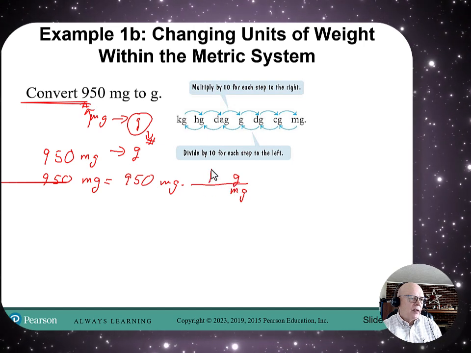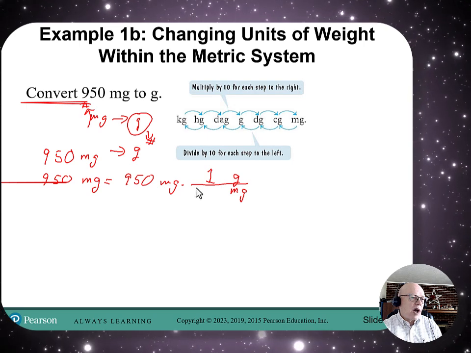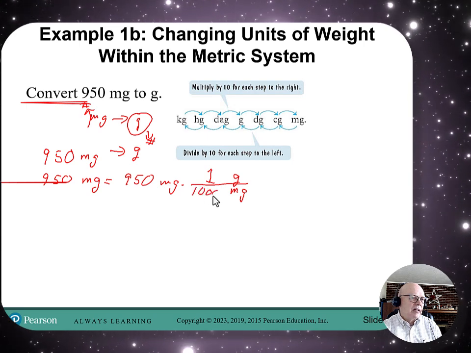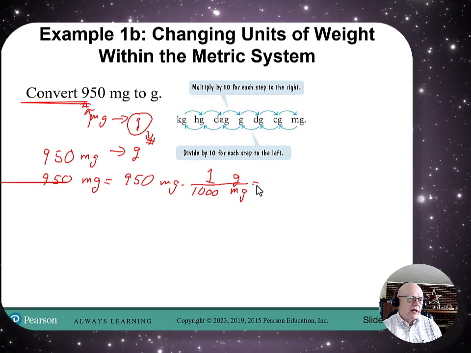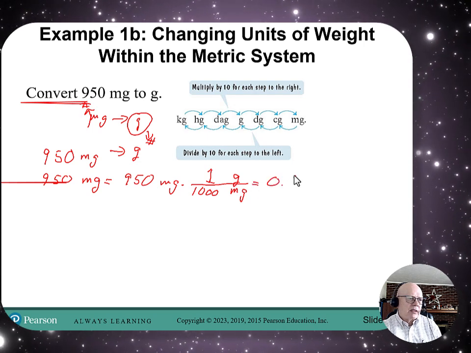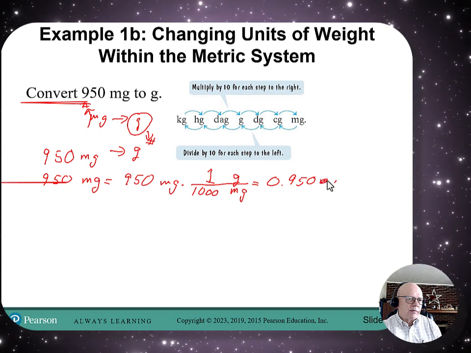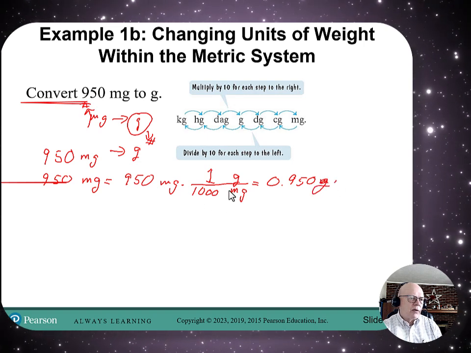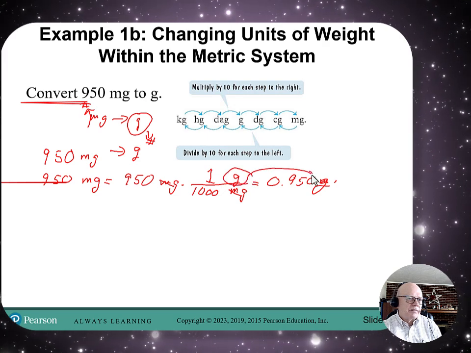Well, 1 gram is larger than 1,000 milligrams, and then all you have to do is run your calculator on it, and you've got 0.950 grams. Notice the milligrams cancel out.